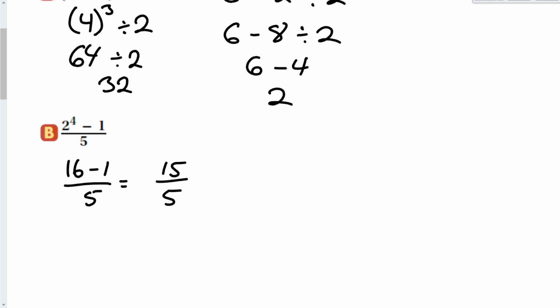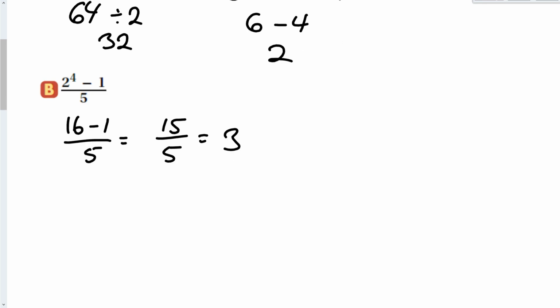And over means division, so this turns into 3. That's very important because we want to simplify the numerator or the denominator first and then combine the expression. Because if it's 2 terms on the top or 2 terms on the bottom, we're not going to be able to simplify it as we want to.